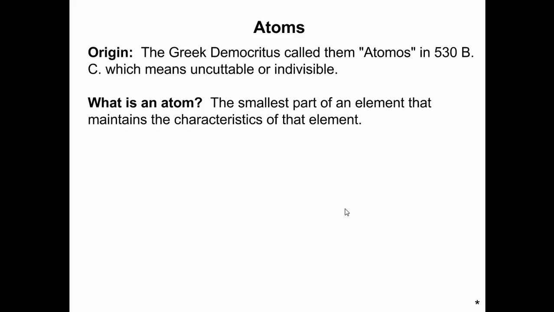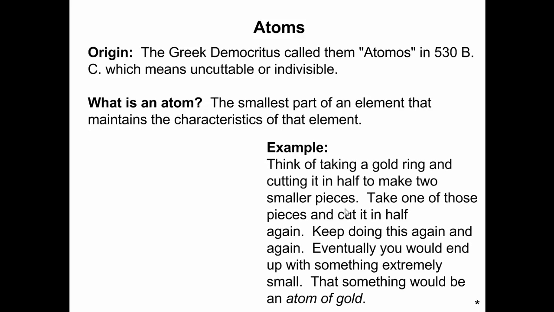So what is an atom? An atom is the smallest part of an element that maintains the characteristics of that element. So it's the smallest piece of gold that is still gold, or the smallest piece of oxygen that is still oxygen.